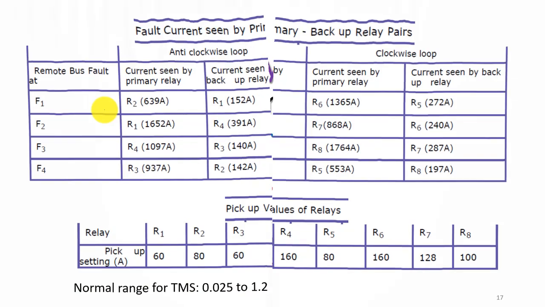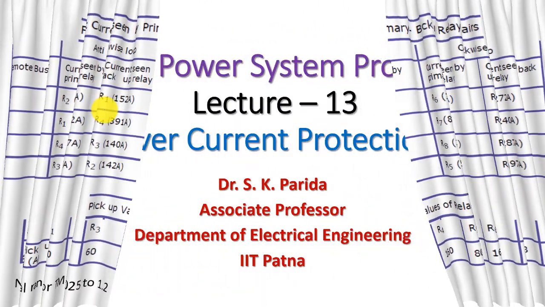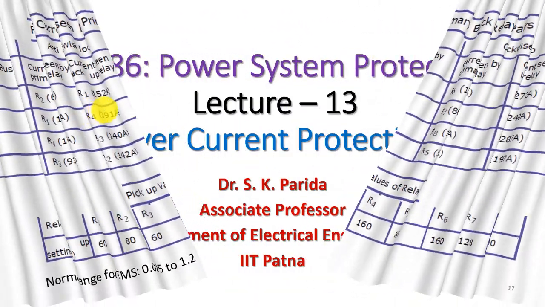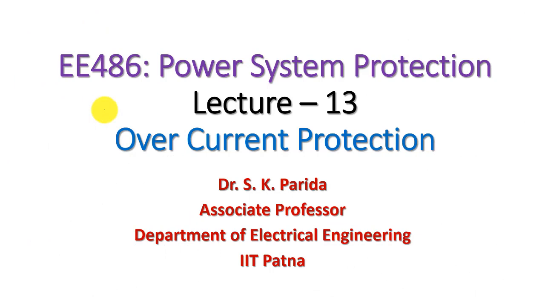Okay, so this is all about your directional relay, and you can say, your overcurrent protection. Already we talked many classes on overcurrent relay, overcurrent protection, and in the next class onwards we'll talk about the distance relay.